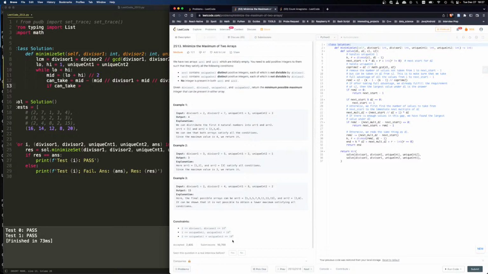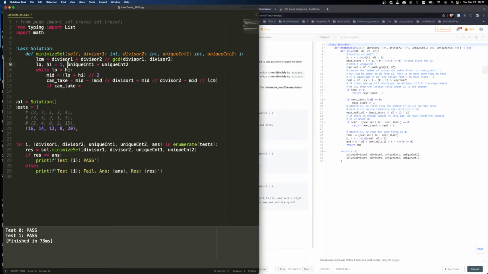Like 2 would be the worst. Yeah, I think the worst case is both divisors are 2. Because if this is 2, we can take 1, 3, 5 all the way to here, right? And then if the second divisor is 2, we cannot take any of this, so we have to do it all over again. So it's just this plus this times 2, and that's the worst case scenario.